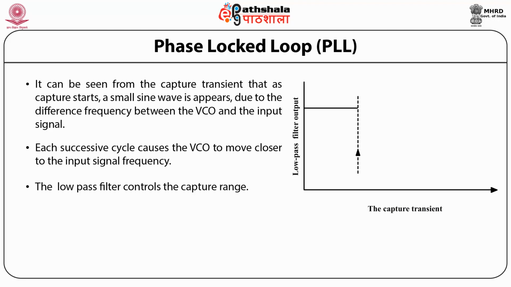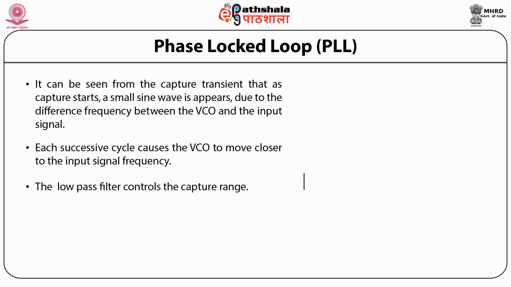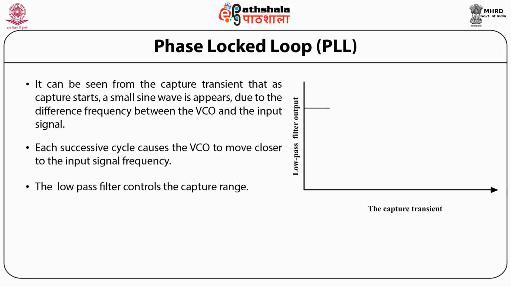So the low pass filter controls the capture range. If the VCO frequency is far away, the beat frequency will be too high to pass through the filter and the PLL will not respond. The signal is out of the capture band.